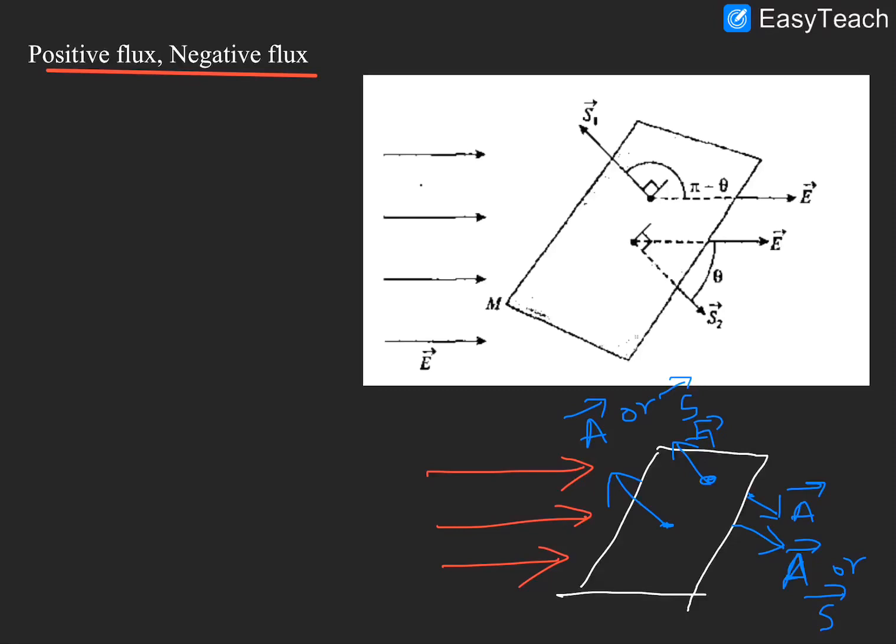Now if you consider the diagram, this is your one area vector, and on the opposite side there is another. Now this is your electric field, which is coming like this.